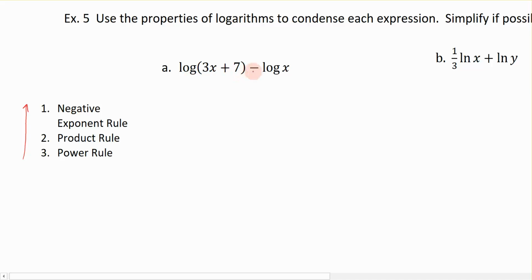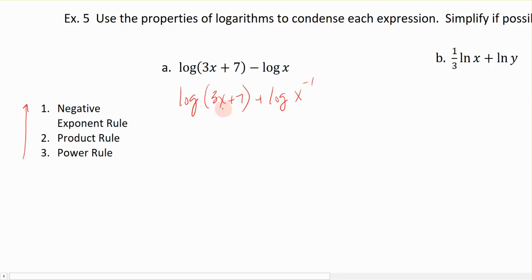The power rule basically allows me to take anything in front of my log expression and bring it up into the power position. Now this is a minus sign, so if we follow along with our power rules, I can bring this -1 up here into the exponent position. So I have the log of 3x plus 7 plus the log of x to the -1.